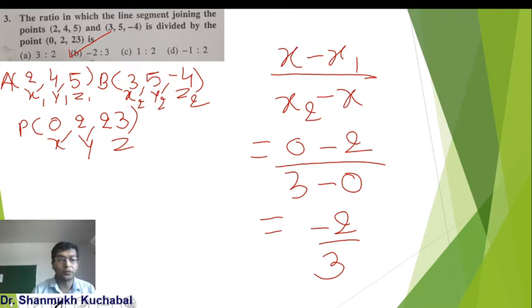Okay, so we'll move to our next example. Example number 4. The ratio in which the point whose position vector is given divides the line joining the points whose position vectors are given.